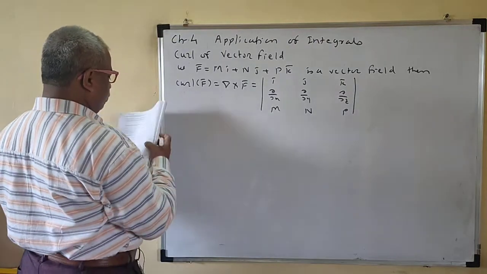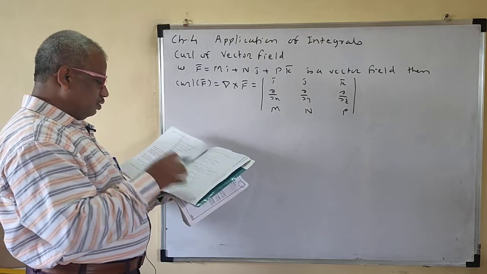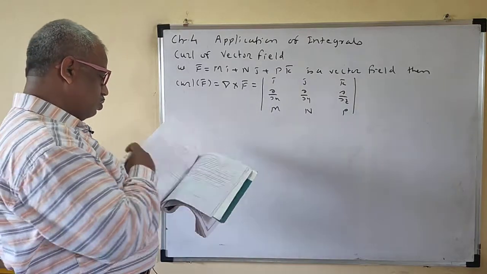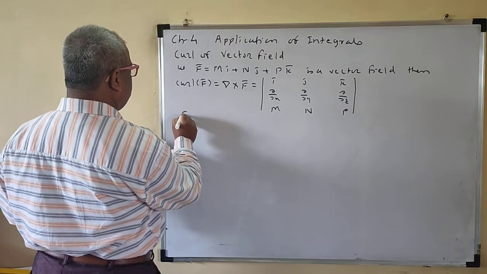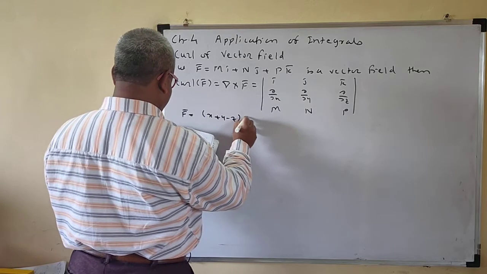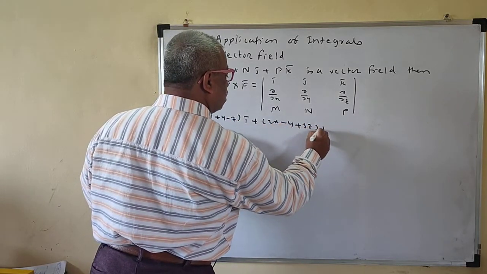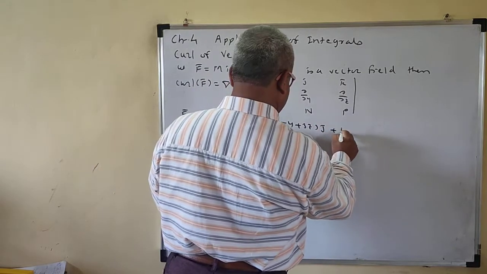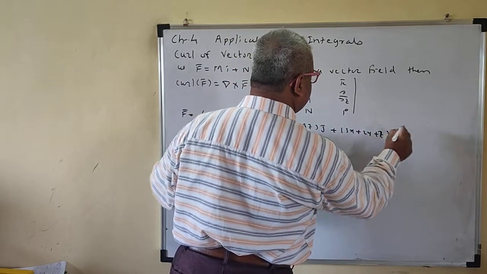Suppose, we'll take a problem from the exercise, A bar is equal to (x plus y minus z) i bar plus (2x minus y plus 3z) j bar plus (3x plus 2y plus z) k bar.